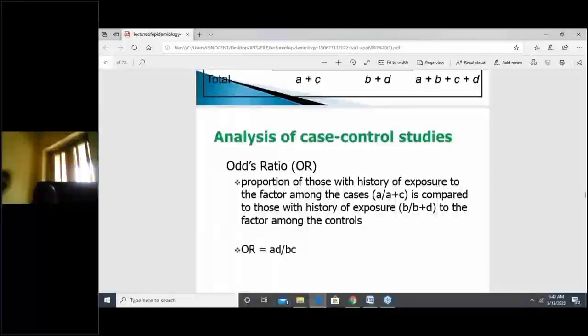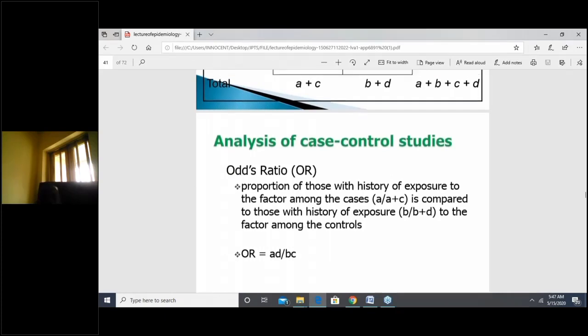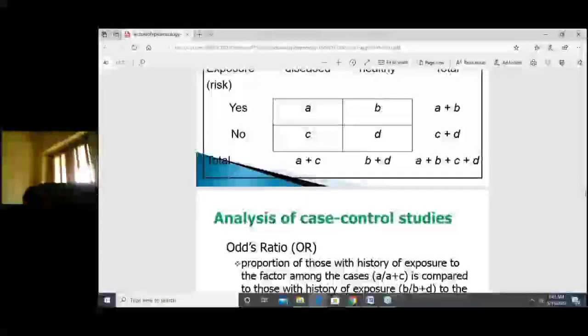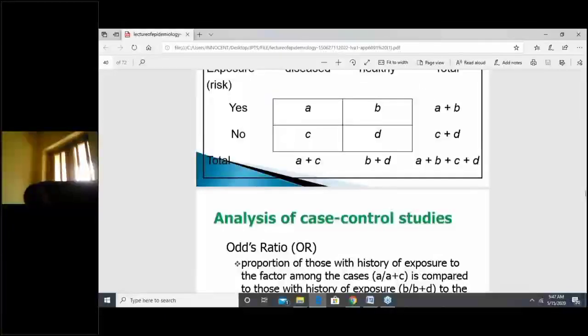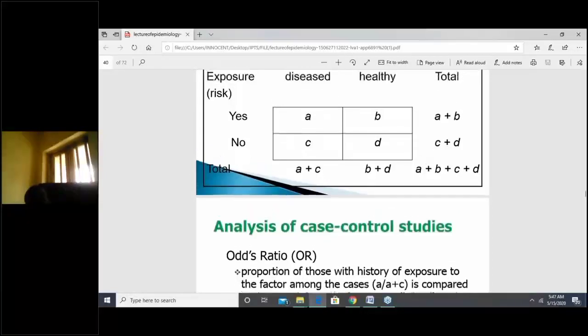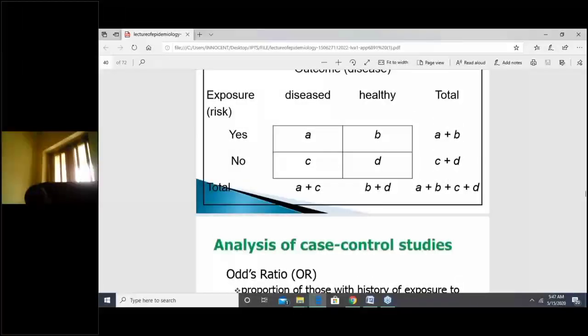So it's compared to those with history, that is B over B plus D, to the factor among the controls. So now we are looking at B over B plus D. What is D? B, healthy, exposure risk. There's exposure risk, but they are healthy. There's no exposure risk. What happened to them? They are healthy.